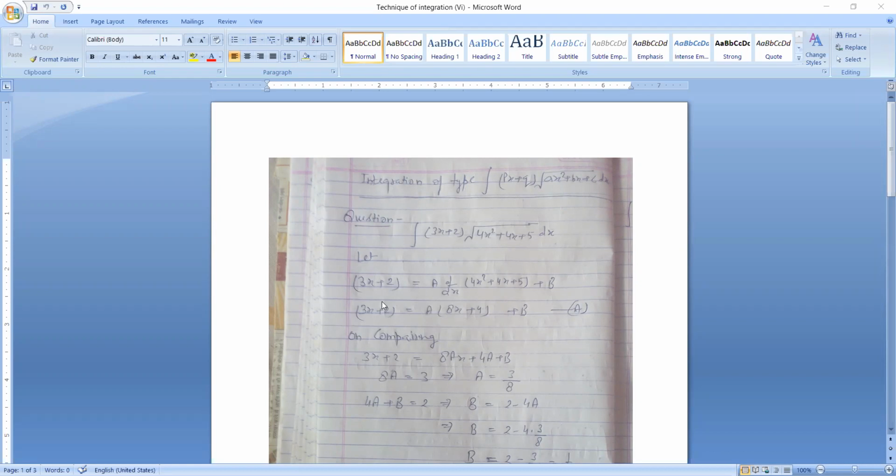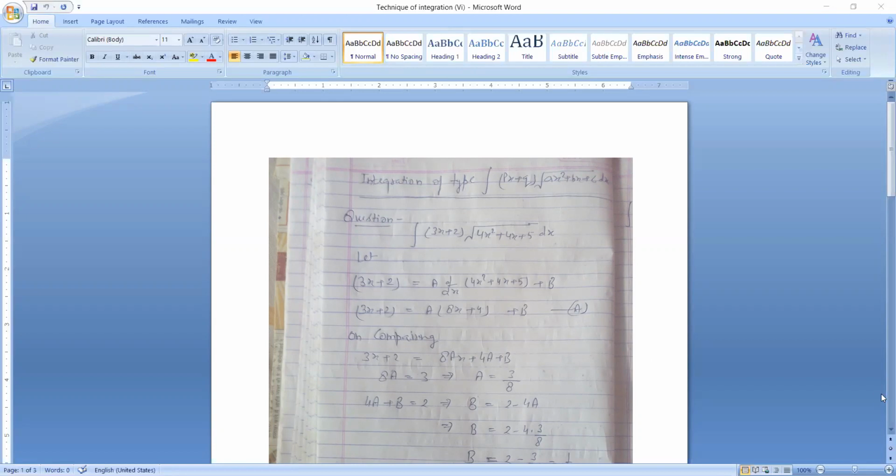Let 3x + 2 equal a times the differentiation coefficient of 4x² + 4x + 5, plus b. On solving, this can be written as 3x + 2 = a(8x + 4) + b. This is equation a.